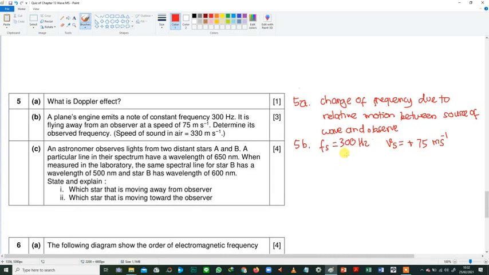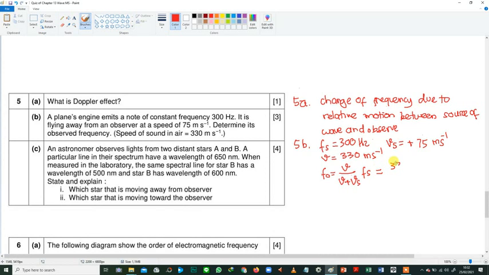Determine the observed frequency. In here the speed of the sound is already 330 meter per second. So the equation for the Doppler effect is Fo, where o means observer, is V over V, because it's moving away, so I'm going to write plus Vs, and then times the source frequency.